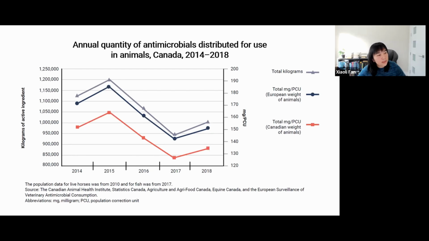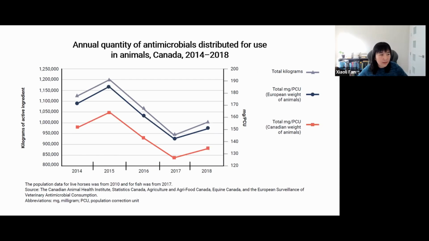Just a note here is that Canada had a regulation in 2017, which said, starting from December 2018, that all antimicrobials used in animals should be reported. So I'm kind of waiting for that data to come, but I think maybe that's also one of the reasons that we haven't had 2019 data.